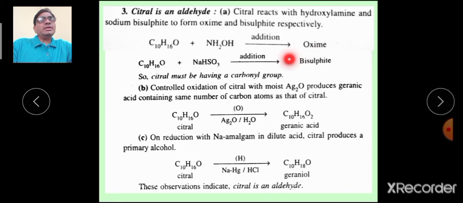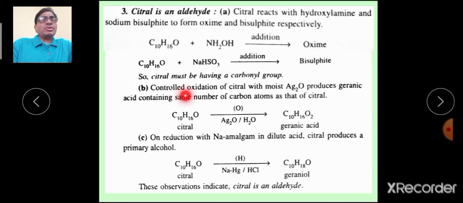While on reaction with sodium bisulfite, it forms a bisulfite addition product. This indicates that citral must have a carbonyl group, because formation of oxime is a reaction of the carbonyl group.